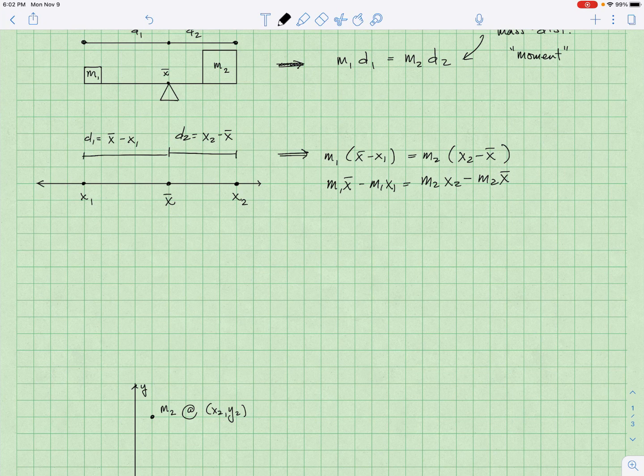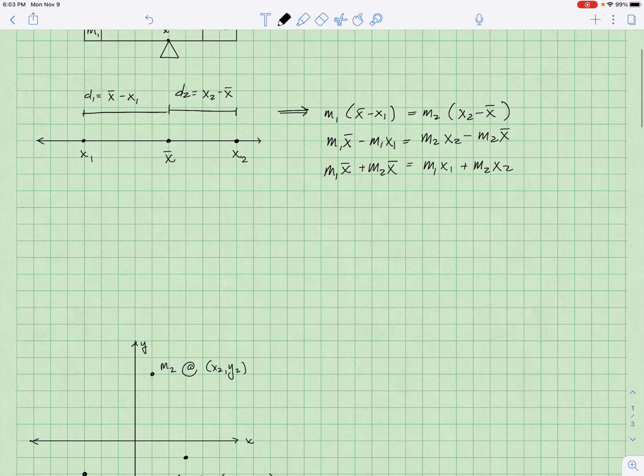And we're going to collect all of our x bars on one side. This is mass 1 x bar plus mass 2 x bar is equal to m1 x1 plus m2 x2. And if we factor out an x bar, we get m1 plus m2 times x bar is equal to m1 x1 plus m2 x2.